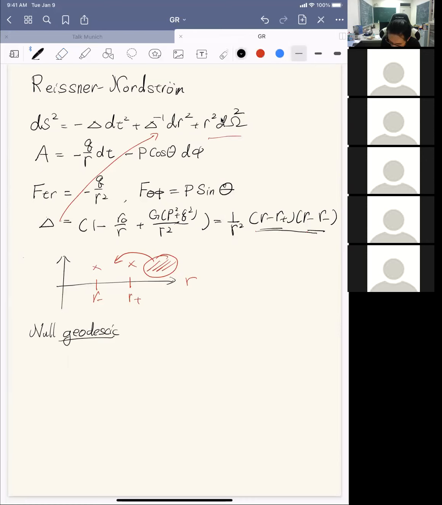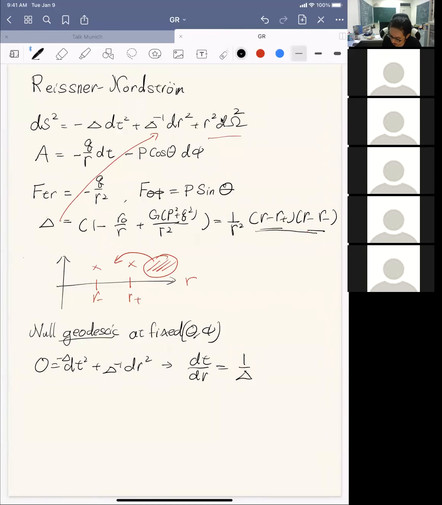If we look at null geodesics at fixed theta and phi, then the null geodesic is just going to be 0 equals minus delta dt squared plus delta minus 1 dr squared. So this tells us that dt dr is just going to be equal to 1 over delta, right?